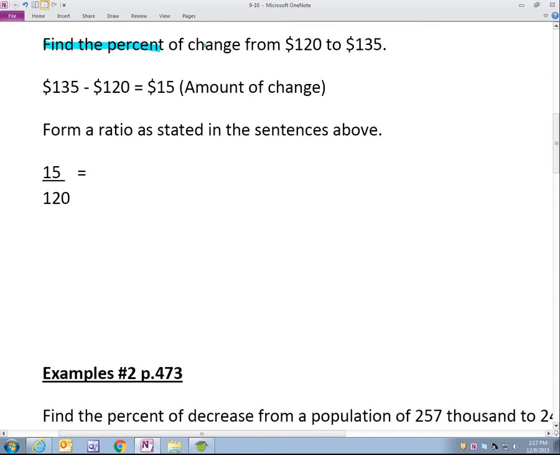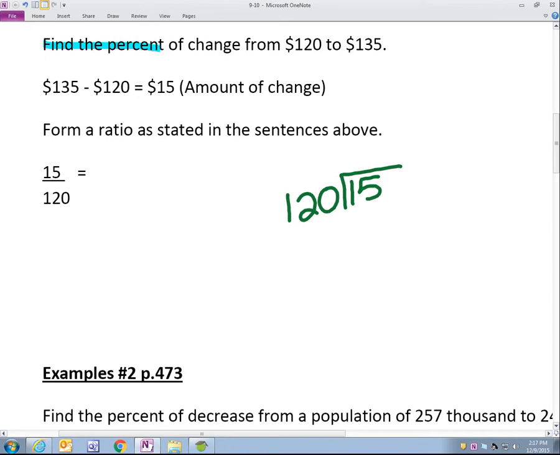Now, there are two different ways we could do this. We could treat the fraction as a division problem, first in, second out, and divide 15 by 120. That's one way. Or if you wanted to use smaller numbers, can't we take out a common factor of 15 and 120? Yeah, 5.